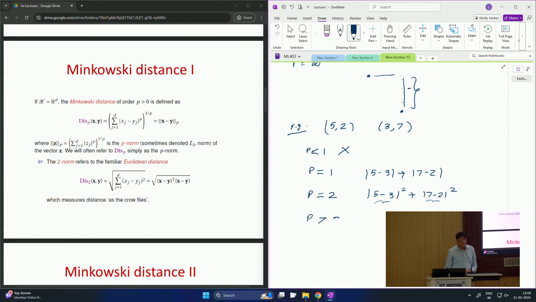When P is greater than 2, let's say it's 3, again 5 minus 3 cube plus, of course there is 1 over 3, 7 minus 2 cube over 1 over 3. But which is dominating? This is 2 cube and this is 5 cube. This is dominating.